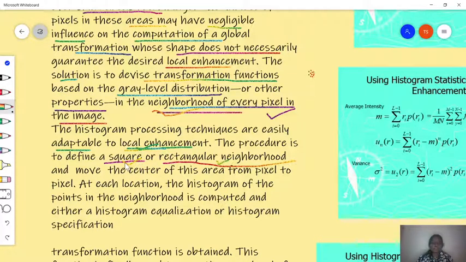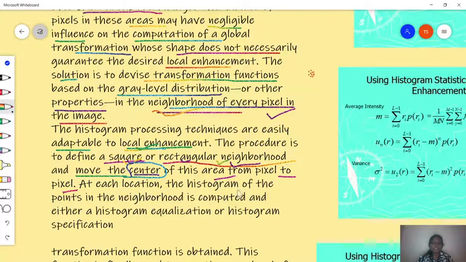Within these two, a square or a rectangular neighborhood operation, we are moving the center. Remember, in local histogram processing, we are moving the center by using the square or a rectangular neighborhood operation of the area from pixel to pixel. First we are selecting the center and we are moving the center pixel by pixel within the image, and we are selecting neighborhood pixel values.